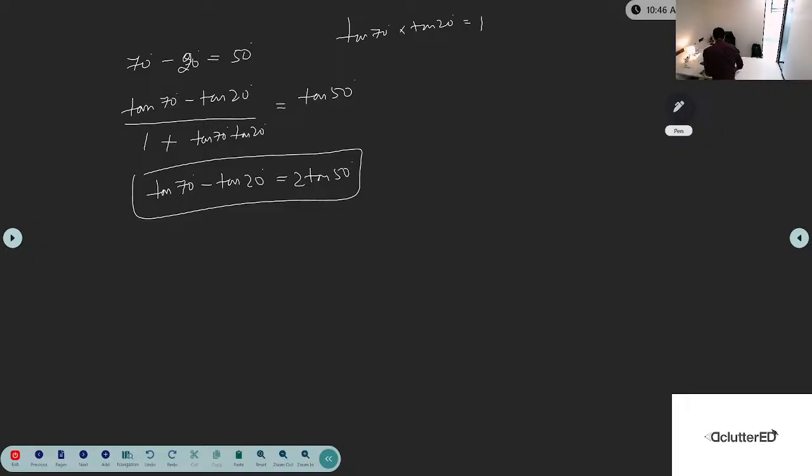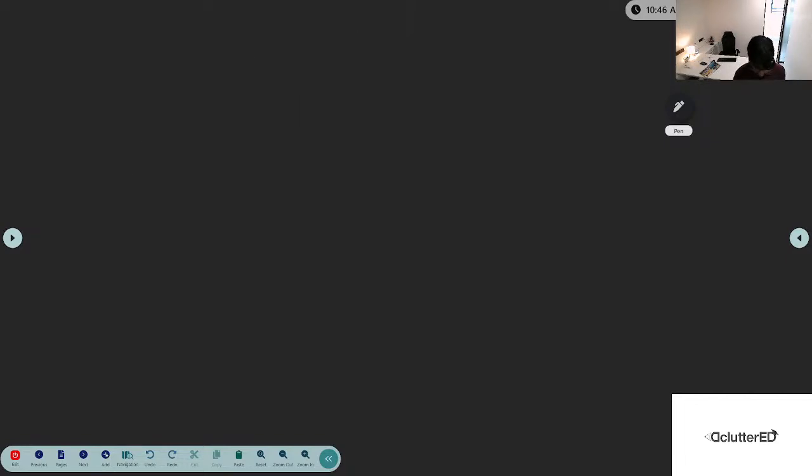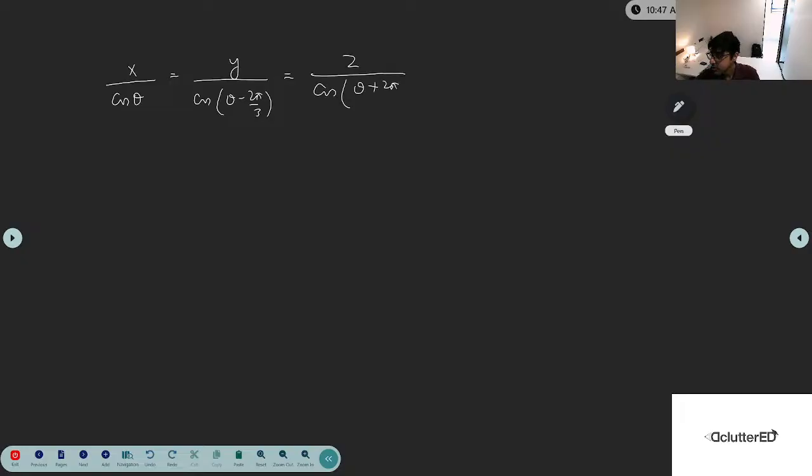Alright, let's look at another interesting question, which is x by cos theta is equal to y by cos theta minus 2 pi by 3 is equal to z by cos theta plus 2 pi by 3.